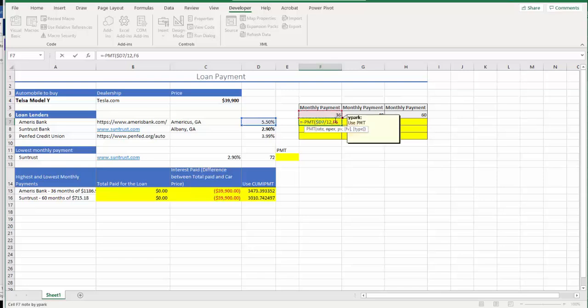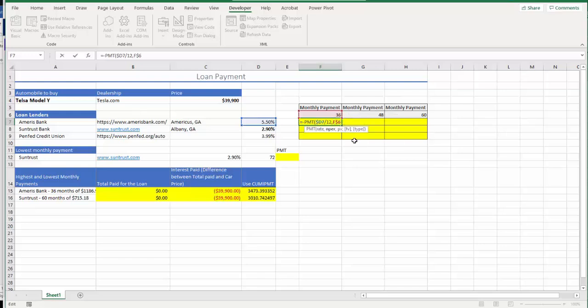Again, I'm going to need to enter the $ sign to 6, so that 6 would not change to 7, 8, 9 as you copy to other cells. However, F will be changing to G, H, I, whatever those next cells are that you're going to copy to, right?